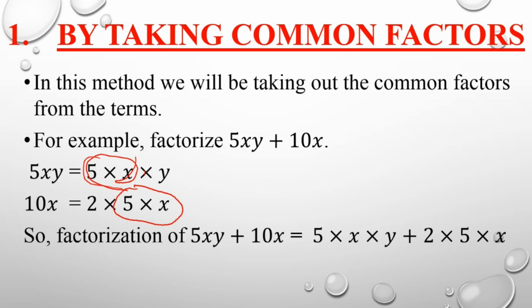So the factorization of 5xy plus 10x is 5 into x into y plus 2 into 5 into x. Take out 5x, then 5x into (y plus 2). This is the required factor.